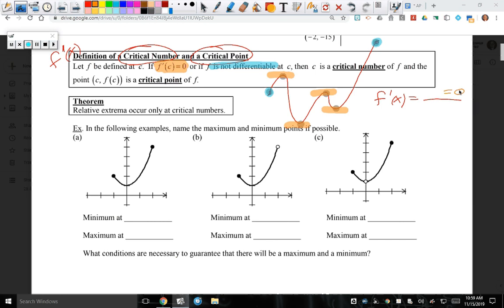To do the ones that are important as far as does not exist or undefined, just set the bottom equal to 0, and you will find those. So factor everything, set the tops equal to 0, set the bottoms equal to 0. Those are your important points. Critical.